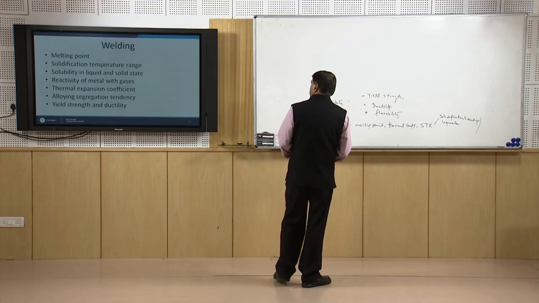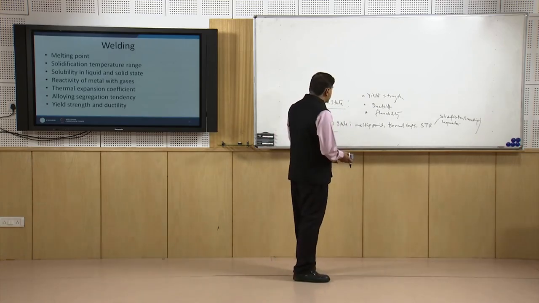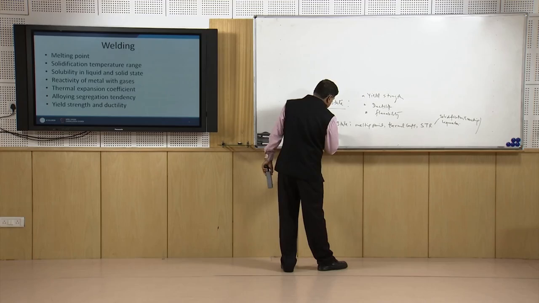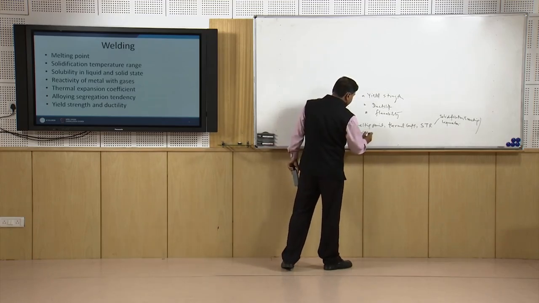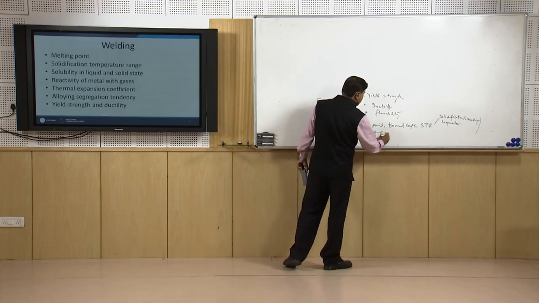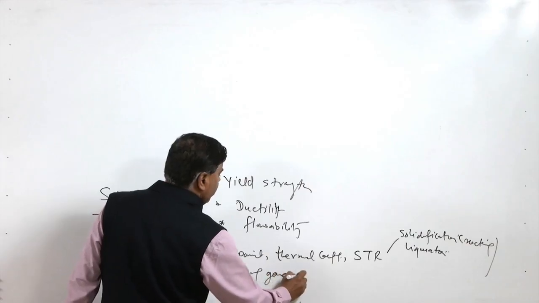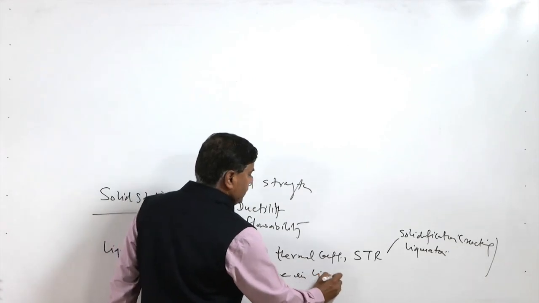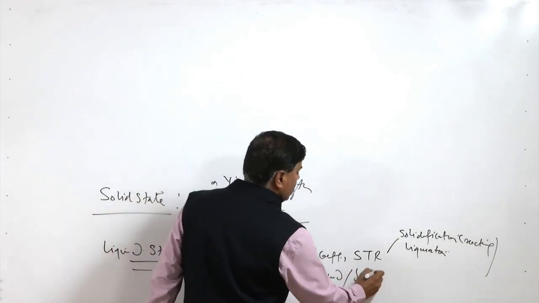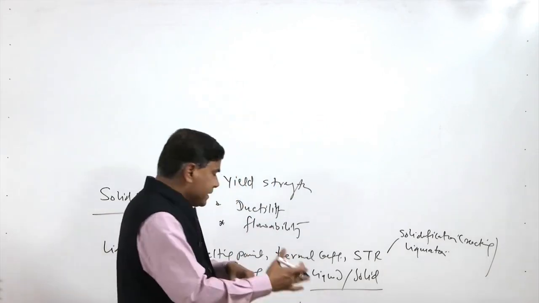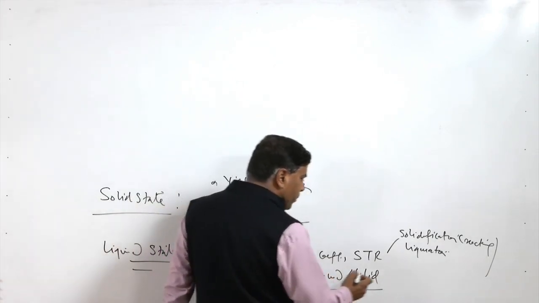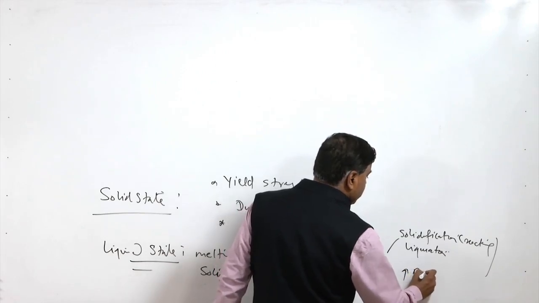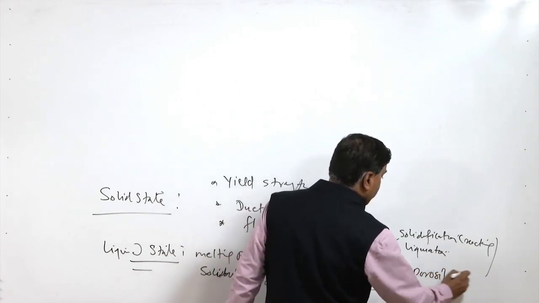And the solubility of the gases in liquid and solid state is also important in the case of liquid state processes. If the difference in the solubility of the gases in the liquid and solid state is more, then it will increase the tendency for porosity formation.